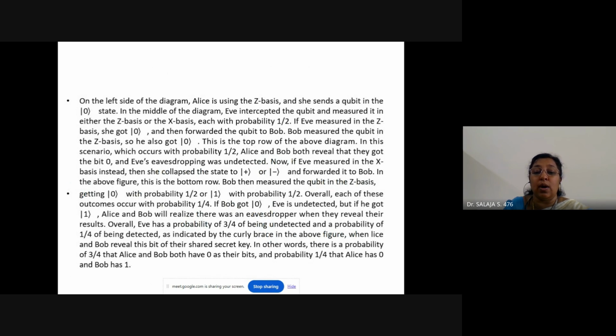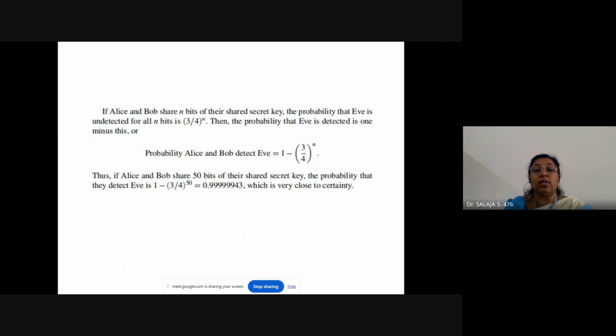Now, this is all about what I have explained so far. Now, what is the probability of Alice and Bob detecting Eve? Among the number of bits, we'll take one bit after the other. For example, if Alice and Bob share a 50-bit shared secret key, the number of bits transmitted would be 256 plus 50. The probability of going undetected is (3/4) to the power 50.